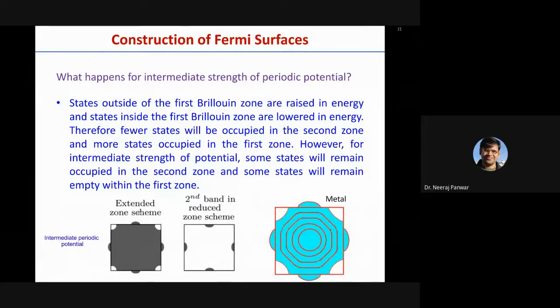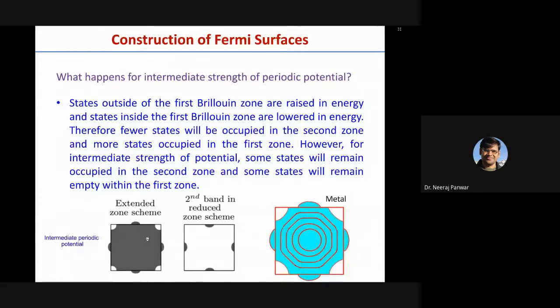So this is how the Fermi surface will look for a divalent material under the influence of an intermediate periodic potential. This is in the extended zone scheme, consisting of the first Brillouin zone and second Brillouin zone.